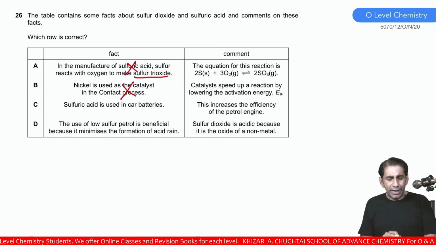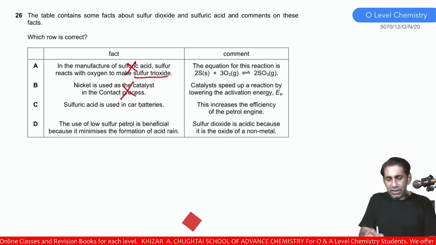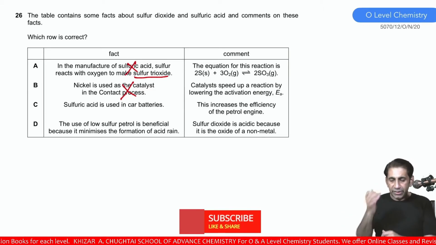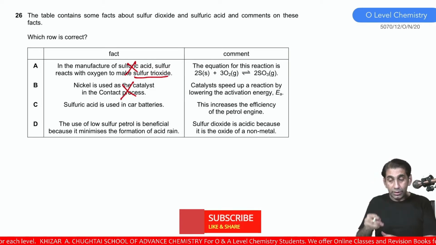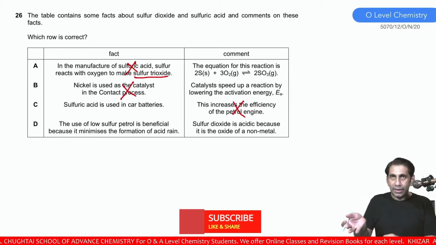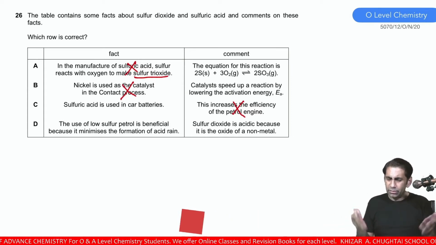Sulfuric acid is used in car batteries. Yes, it is true. Now come toward the second column. This increases the efficiency of the petrol engine. No, it has no relationship with the efficiency of the petrol that is burning in the engine. So the right hand side is wrong. The last option, D, is the correct option.